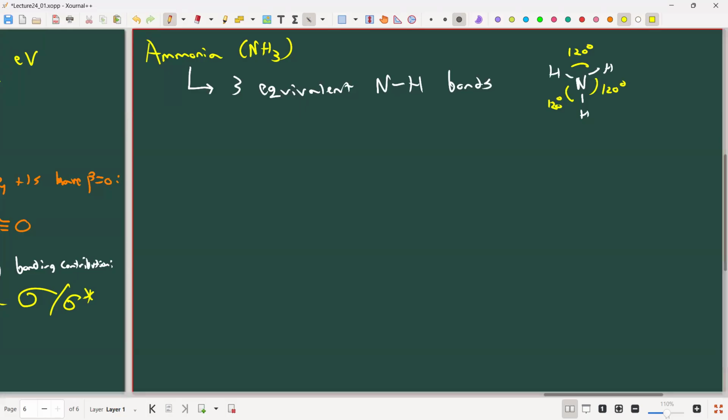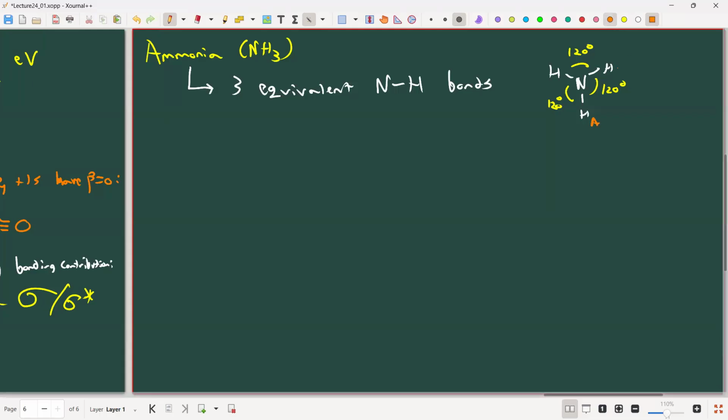It's an equilateral triangle. It's a trigonal pyramid, right? The three hydrogens are like this, and nitrogen is here. So we have this nice symmetry. So these hydrogens, we can combine them together. Instead of saying we have three independent hydrogens, we have one set of three hydrogens. We combine them, so we hybridize the hydrogens together.